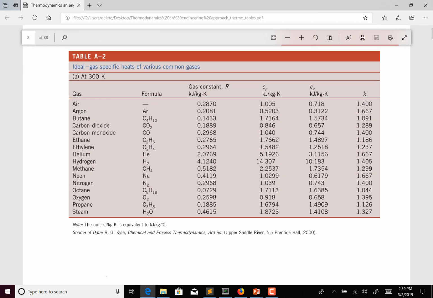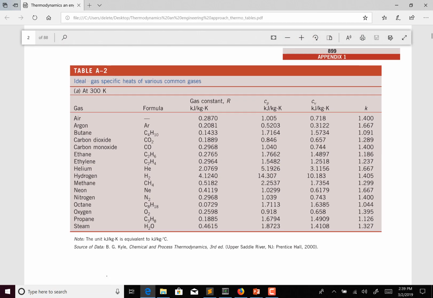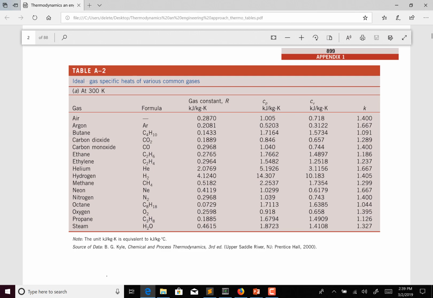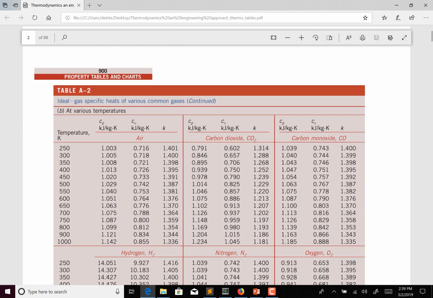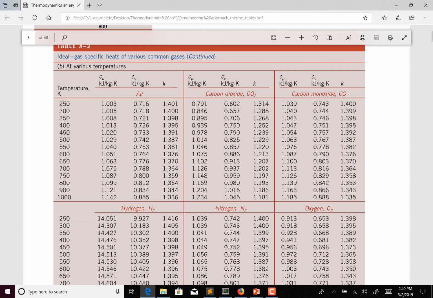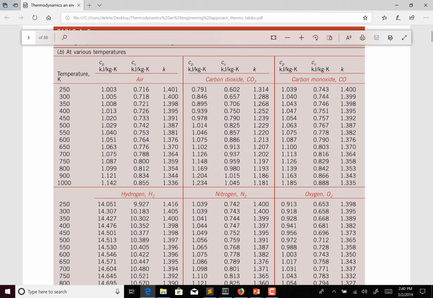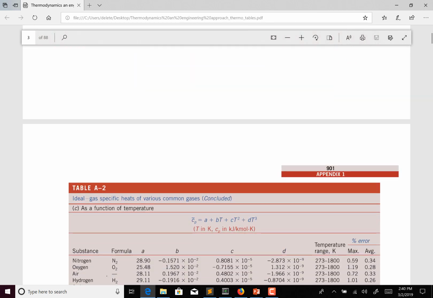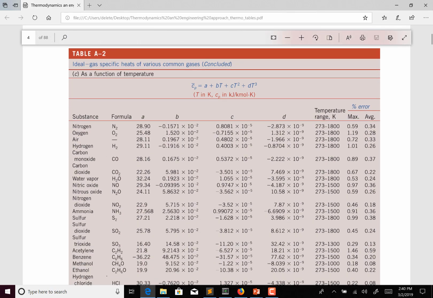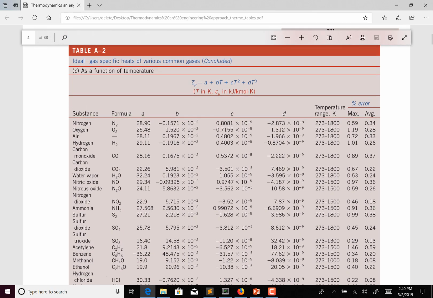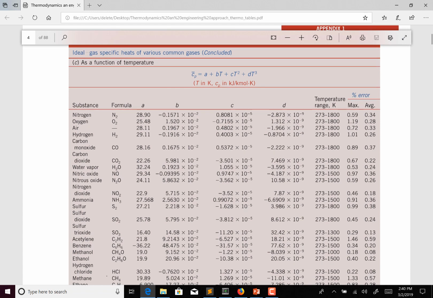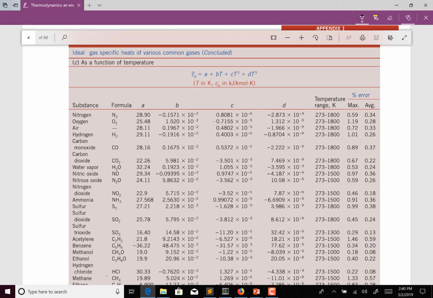If we go back up, this one was at 300 Kelvin, and down here, this one is at various temperatures. This gives us a specific heat at various temperatures for various gases. And then if we go to table A-2C, we get this equation that gives us C sub P as a function of temperature.